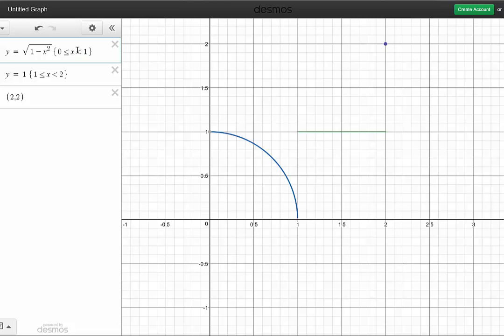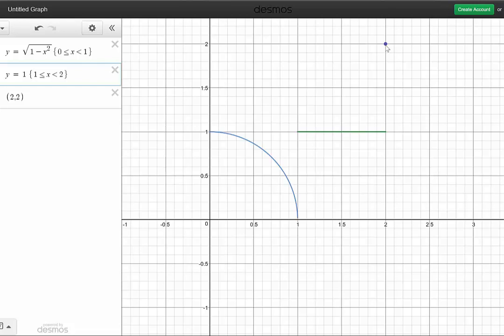Whenever you have x is less than something or greater than something, that's an open dot, so right here would be an open dot, and we won't put a dot here. We have in our second part that x is less than or equal to 1, so there's a closed dot here, and an open dot over here where x is less than 2. And then we have that x is equal to 2 at y equals 2, so this right here is a closed dot in and of itself.